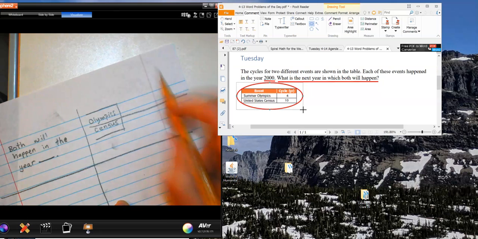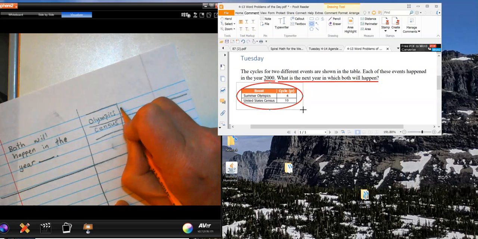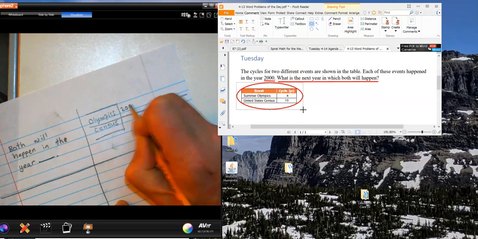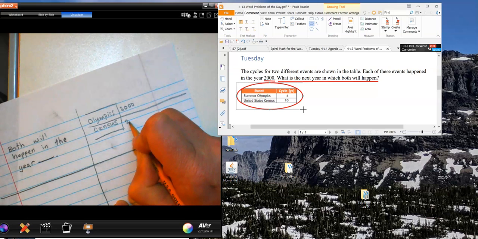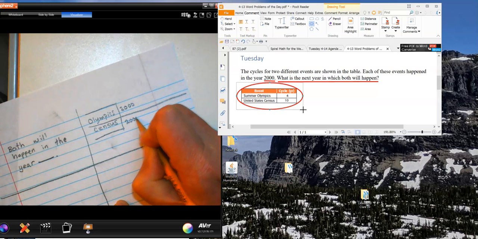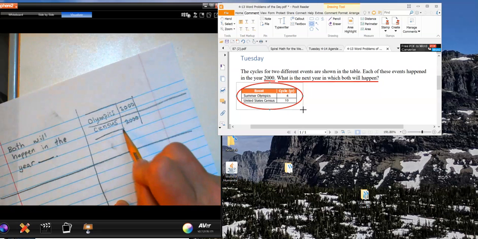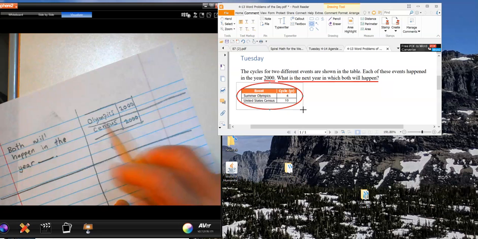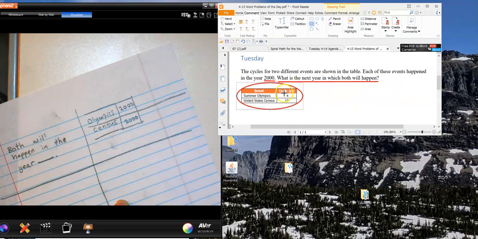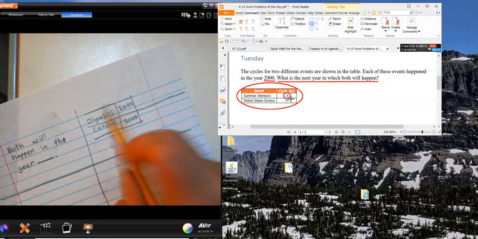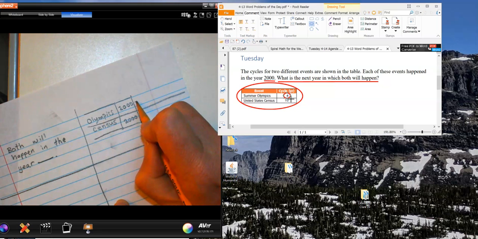Now they both start in the year 2000. They both happen in the year 2000. Now the Olympics happen every 4 years. That means that the next time the Olympics happen, it'll be 2004.